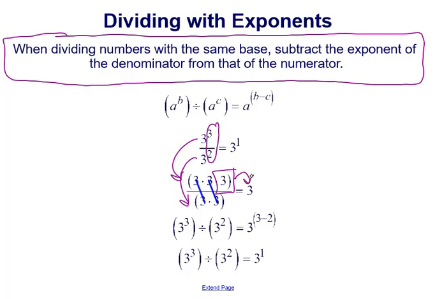So this does confirm that when we divided those two expressions that had the same base of 3, we could just subtract the exponents. 3 to the third divided by 3 to the second is equal to 3 to the 3 minus 2, which is just 3 to the first. Again, reinforcing: when dividing numbers with the same base, subtract the exponent of the denominator from that of the numerator.